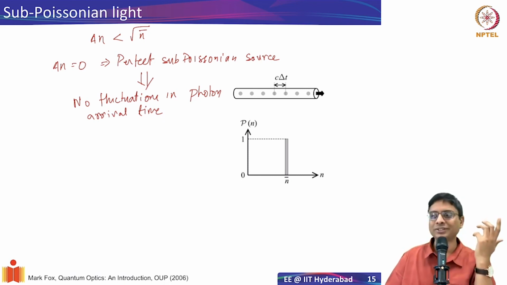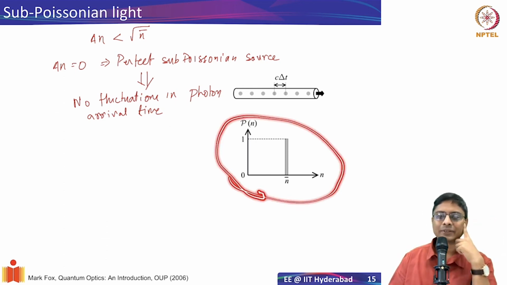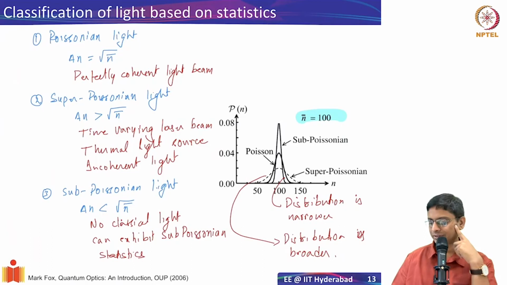If you look at the distribution, it is going to be like this, wherein you have the average number of photons, and the probability of finding the average number of photons is 1. You compare this with a Poissonian source.